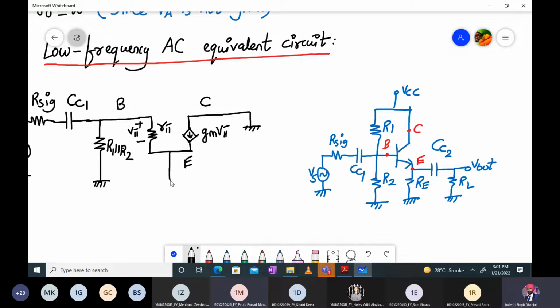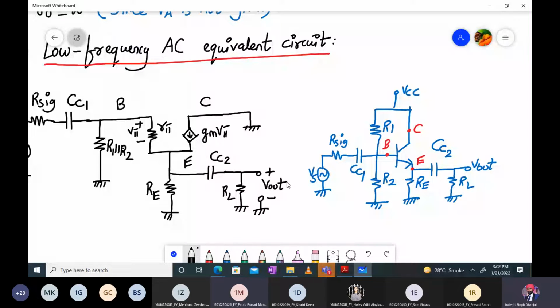But first we have to connect it to resistor RE. Then we have a capacitor CC2. Then we have a resistor RL. Then across the resistor RL we have the output. Yeah, correct.